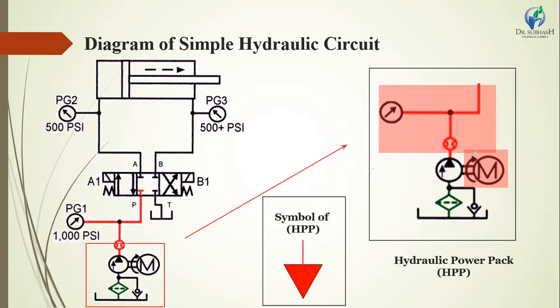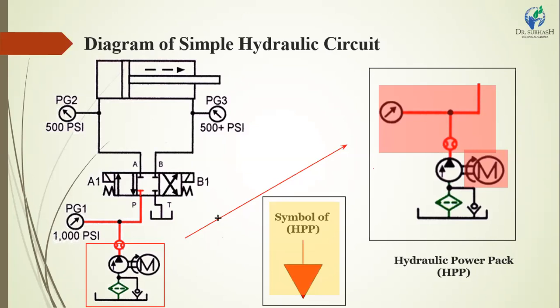All these components can be explained with a small figure, the hydraulic power pack, HPP. Instead of this drawing, we can also denote it with this symbol, also called a hydraulic power pack.